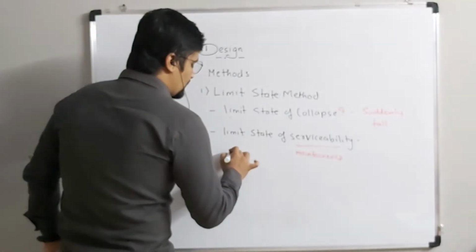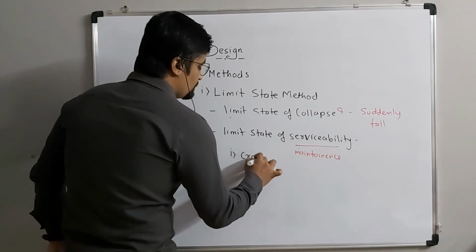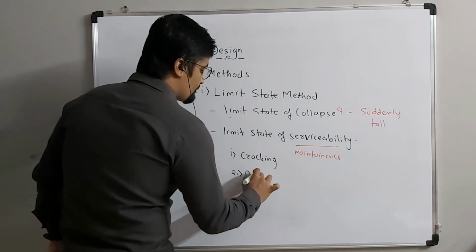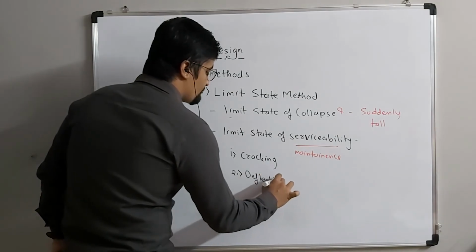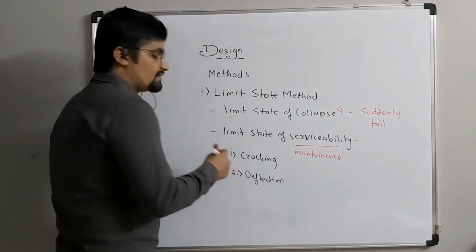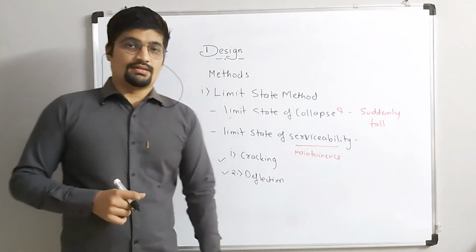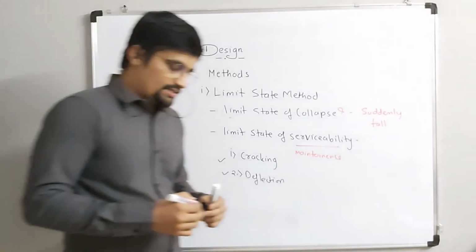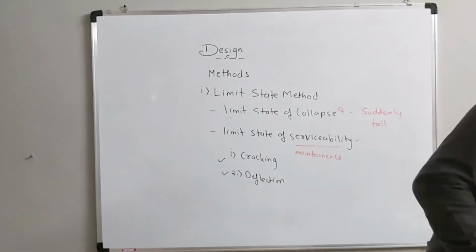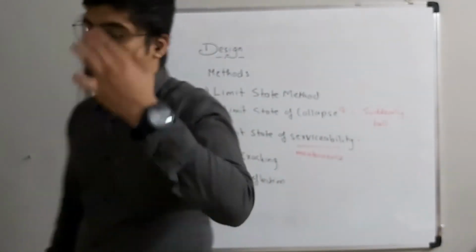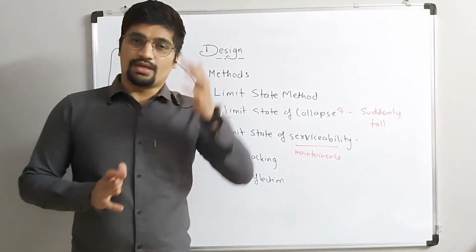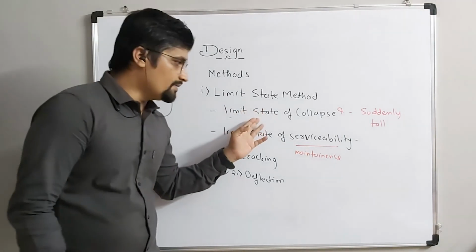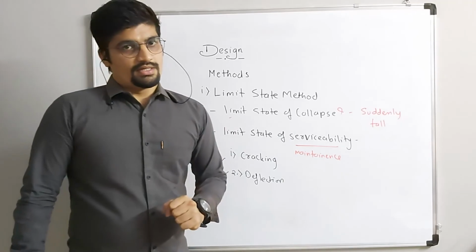The main ones are cracking and deflection. These are the most critical ones that can damage our structural element. So the main point is that the structure should be designed or checked under the criteria of limit state of collapse and limit state of serviceability.